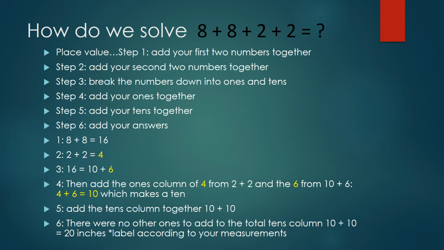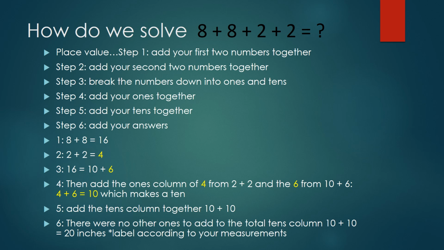Step 5, add the tens column together. So we have the 10 from step 4 and we have the 10 from step 3 where we broke down the number 16. So we have 10 plus 10 now. So write down 10 plus 10 for step 5. Step 6, there were no other ones to add, so we total the tens column.